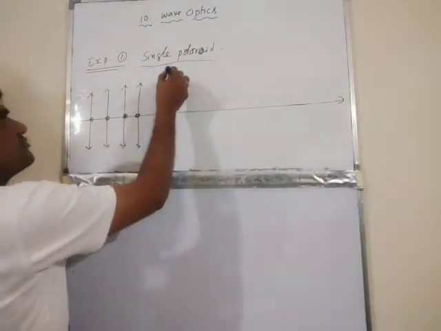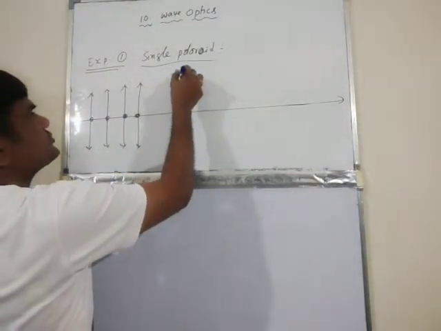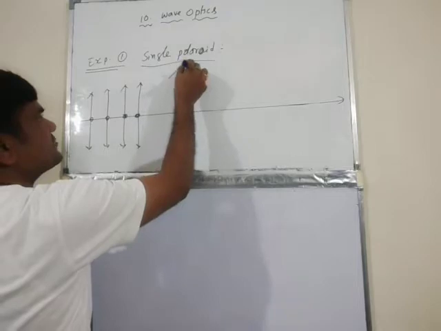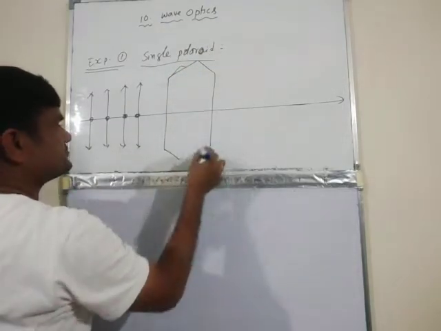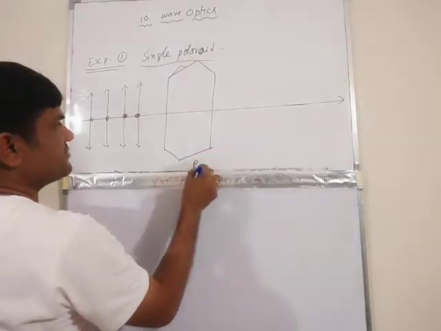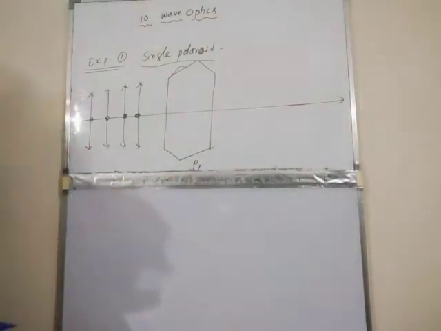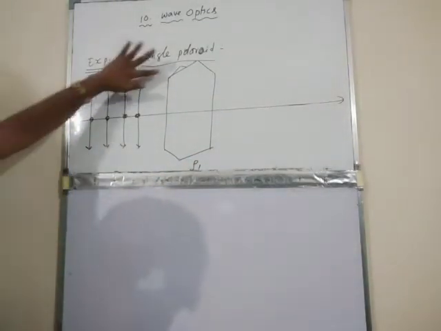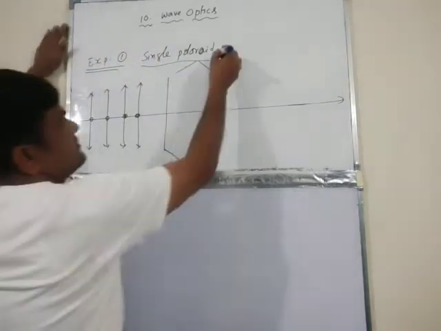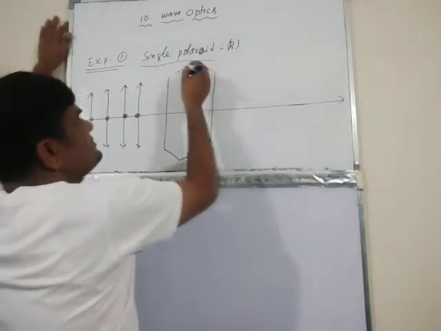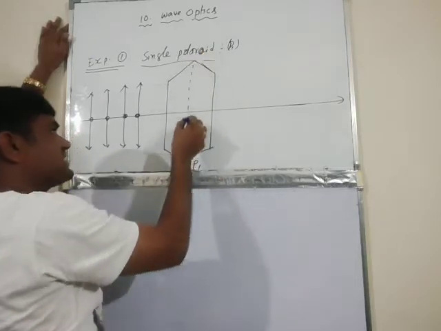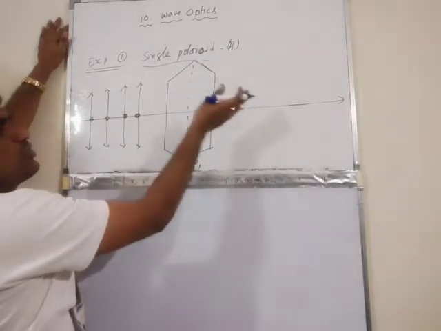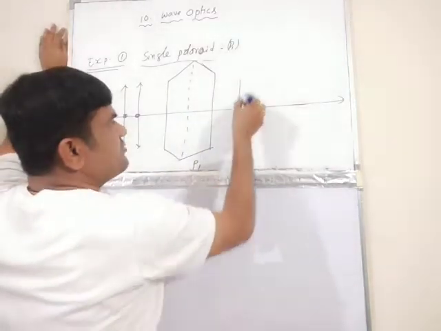Now here we will keep a polarizer. This is the P1 I will consider, the single polarizer, which has a pass axis. Then what happened? Polarized light waves will come in this direction.